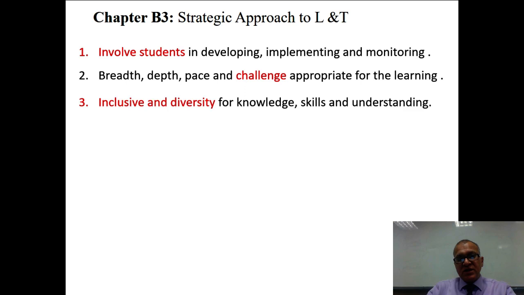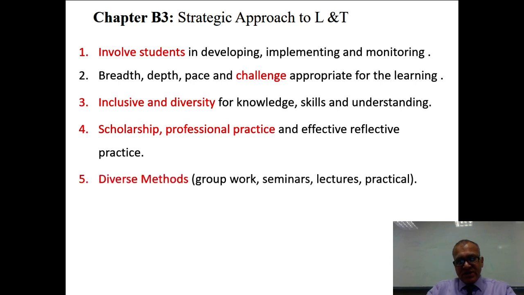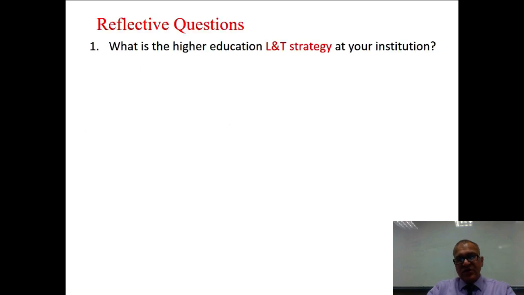It should cover inclusivity and diversity of knowledge, skills and understanding, scholarship and professional practices. It should cover diverse methods, and a strategic approach that reflects themes that cross subject boundaries. So if somebody is running a strategic approach, they should make sure it is inclusive, scholarship based, using diverse methods, and taking care of all students, and so on.